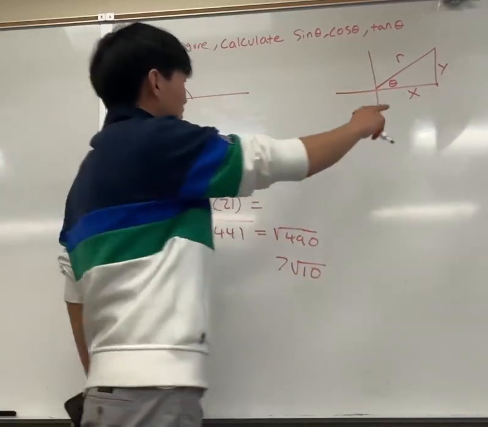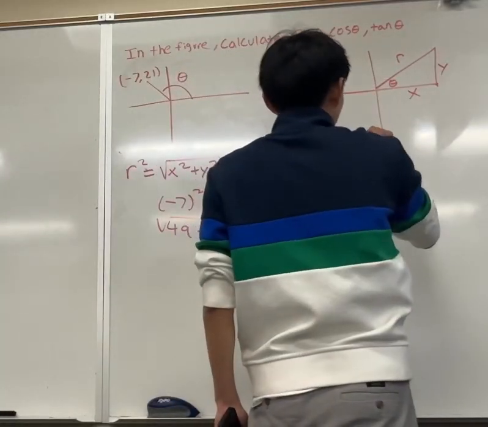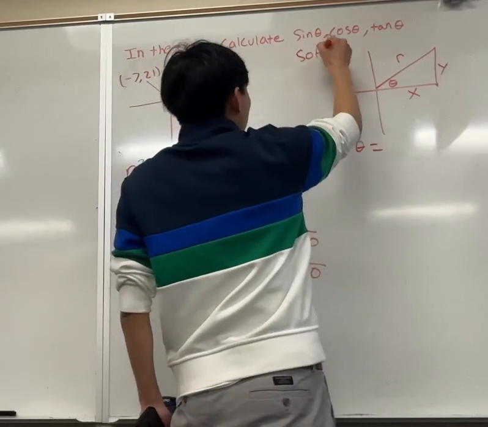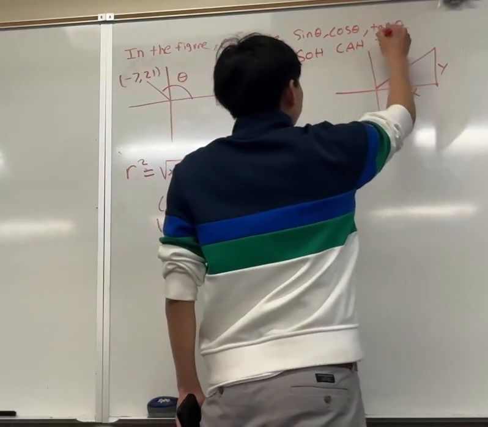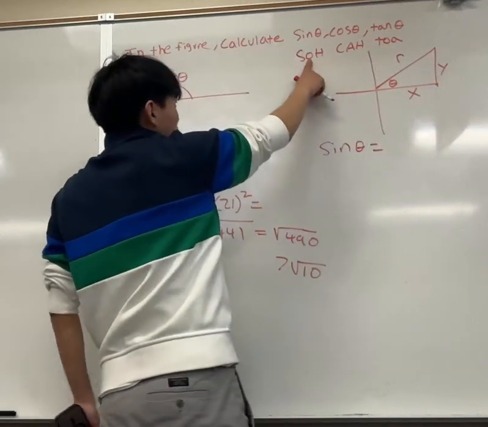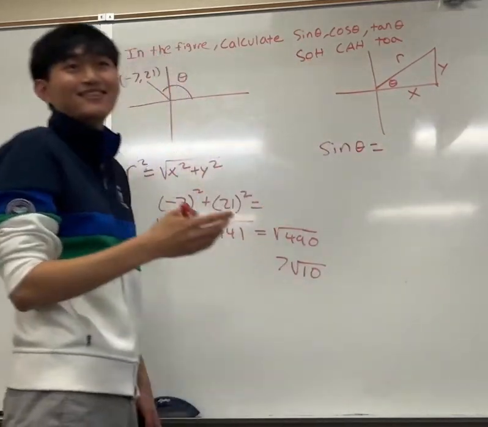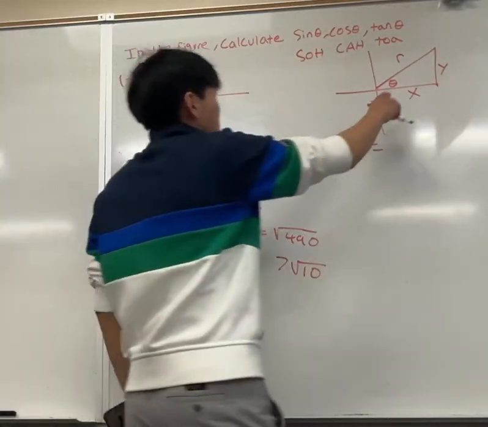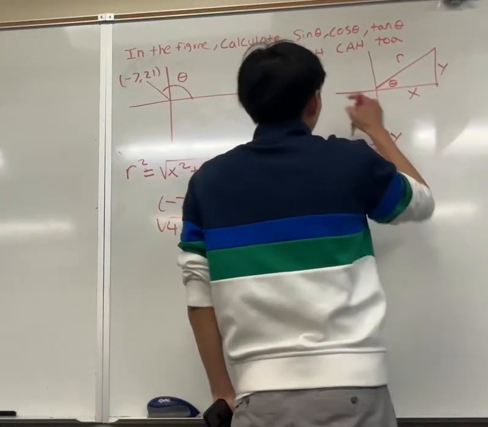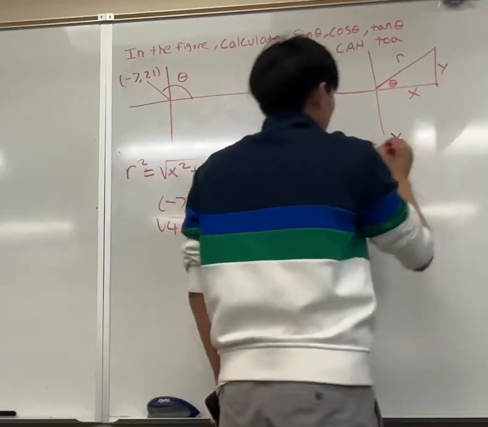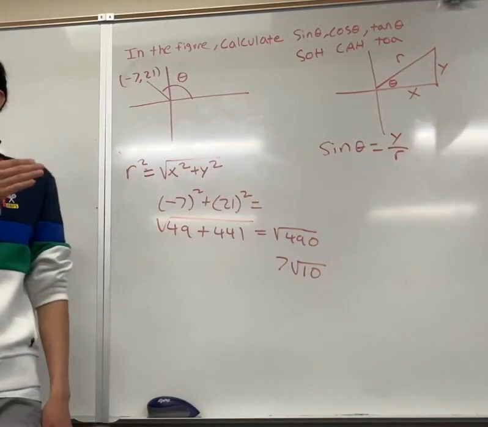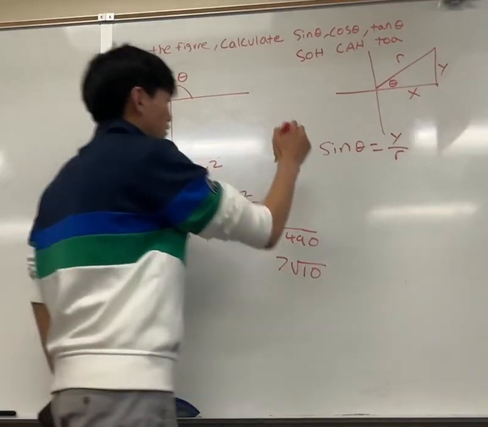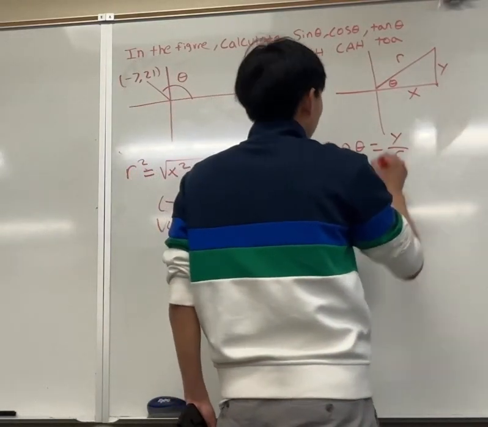So if we were to look at theta, because that's what we're solving, sine theta equals, we know SOHCAHTOA, opposite over hypotenuse. So opposite is y, and hypotenuse is my r. So that's why sine theta equals y over r. And what will my cosine be? We'll do the same thing. We start at theta.